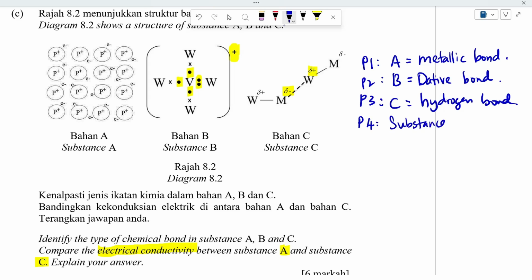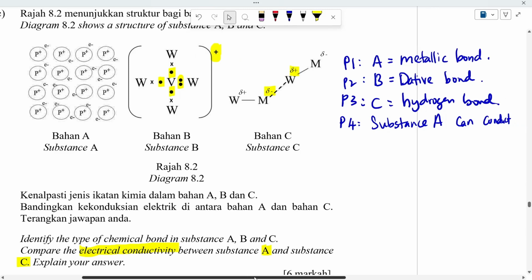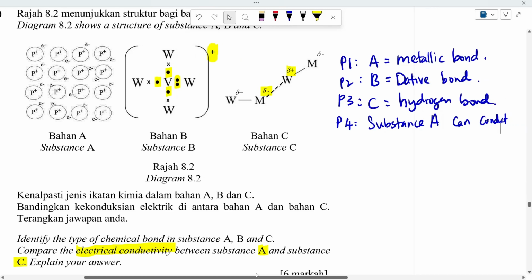Substance A can conduct electricity. In what state, class? This is a metal, right? So solid also can, solid also can.